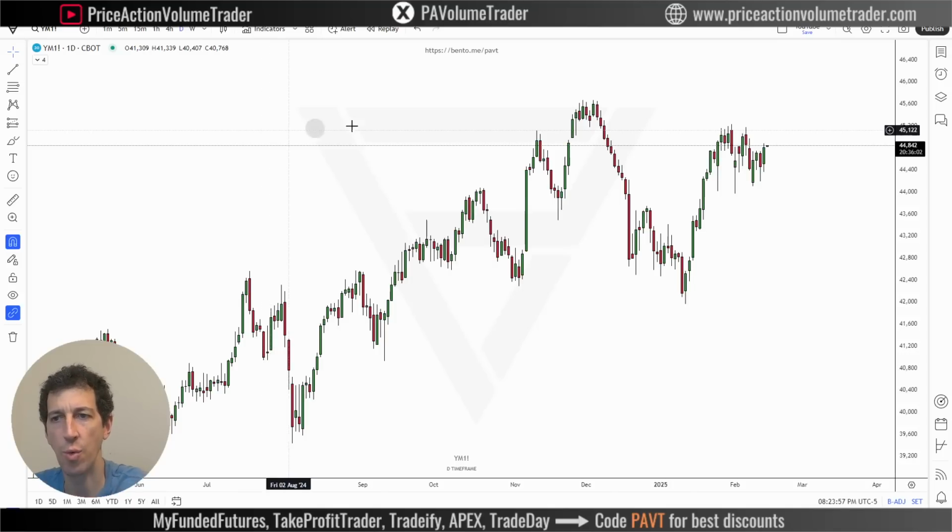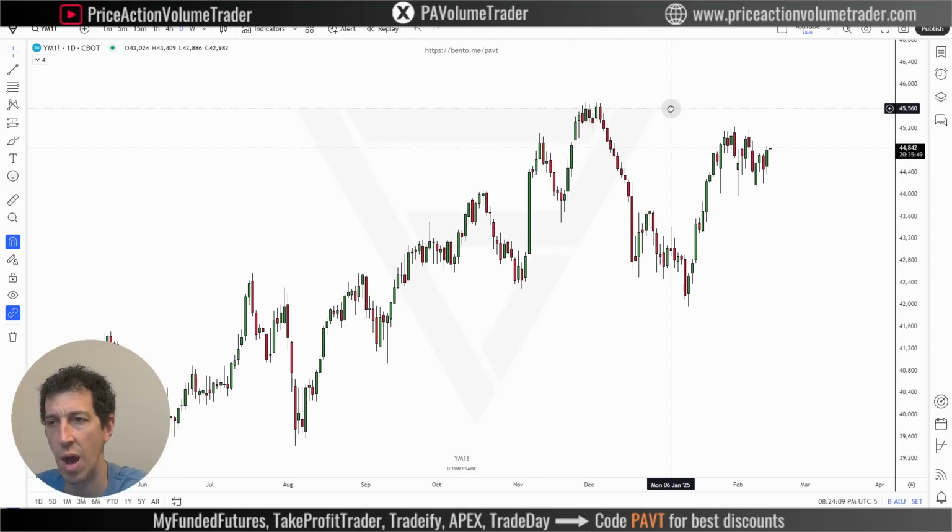Three, are we confirming the level by having reactions from both the top and the bottom side of it? Those are the main factors. I want to see a lot of reactions. I want to see big reactions where price pulls away significantly from the level. And I'm going to pay close attention to the most recent areas on the chart as well.